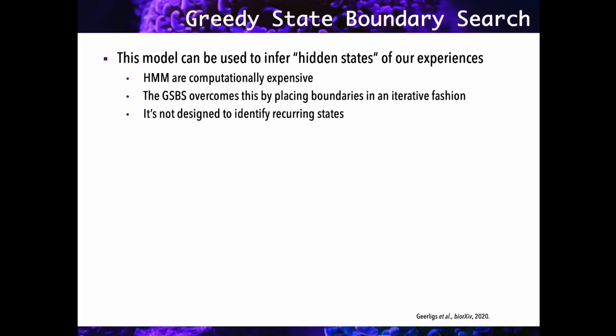hidden states of the world or of our experiences, we might be able to apply this model. This model has only been applied currently in fMRI data, because what they did in their paper was compare their results of this new model with the hidden Markov model applied by Baldassano in fMRI data.